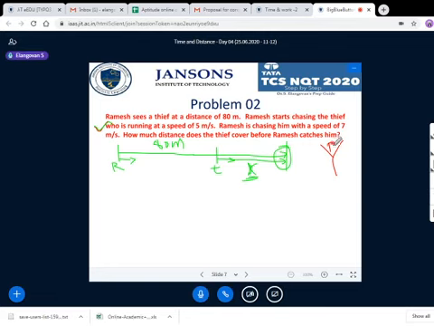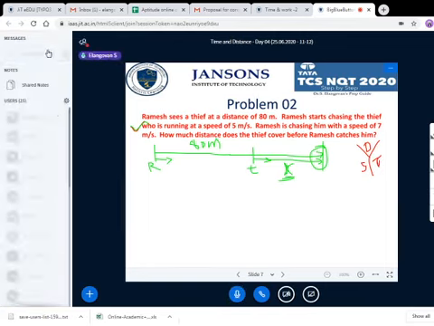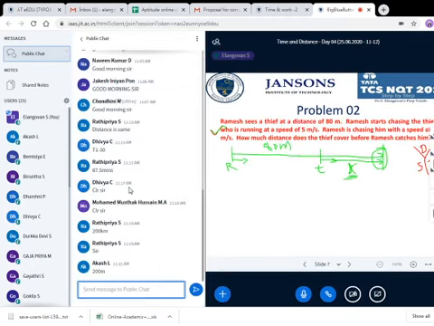I am writing the formula here. Which type of problem is this? Just give a guess. Akash is also saying 200 meters. Fine, which type of problem is this?